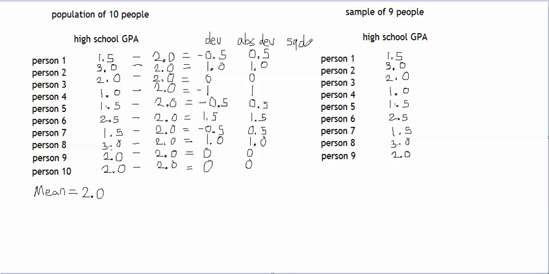I'll just write this for squared deviations. We have to multiply each of these deviations by itself. So the first one would be whatever negative 0.5 times negative 0.5 equals. Next one would be whatever 1 times 1 equals, and then 0 times 0, and then negative 1 times negative 1.